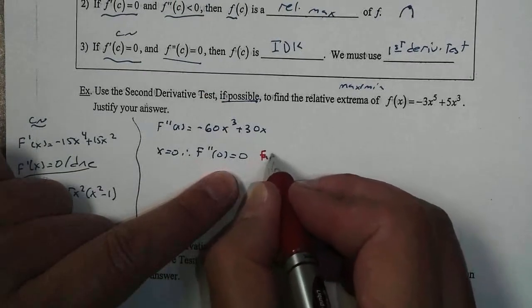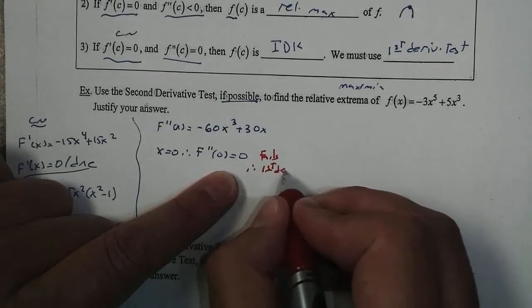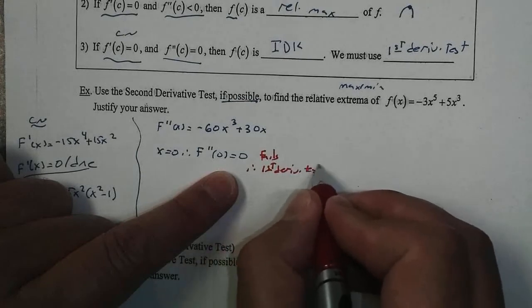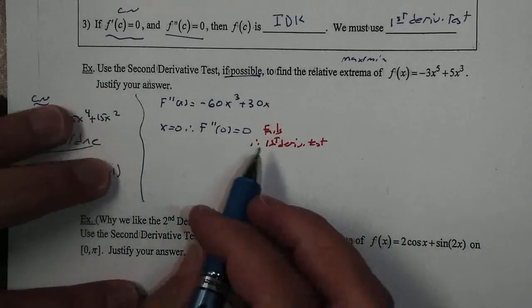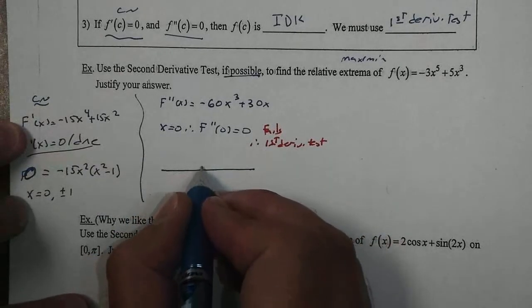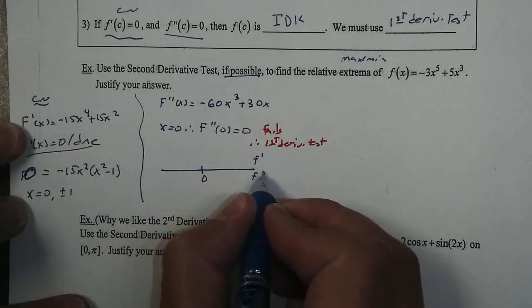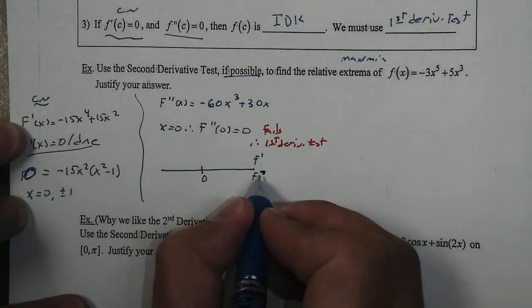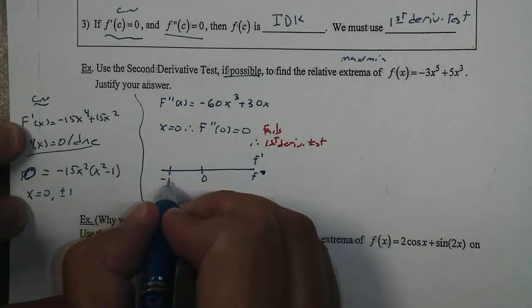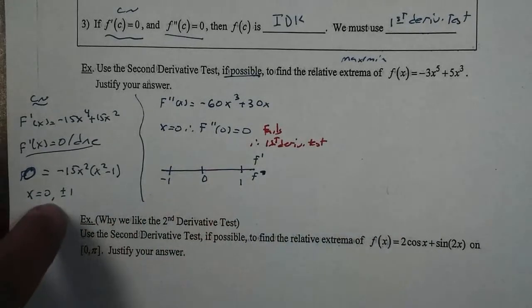Here, this fails. So this is telling me I have to use the first derivative test anyways. So doing my first derivative test, I need to be very careful. I'm looking at the critical number at 0, so I want to find out what's happening at 0. Remember, this is my first derivative test, and how does it affect the function. Now, I don't want to pick numbers outside negative 1 and 1 because those are my other domain restrictions.